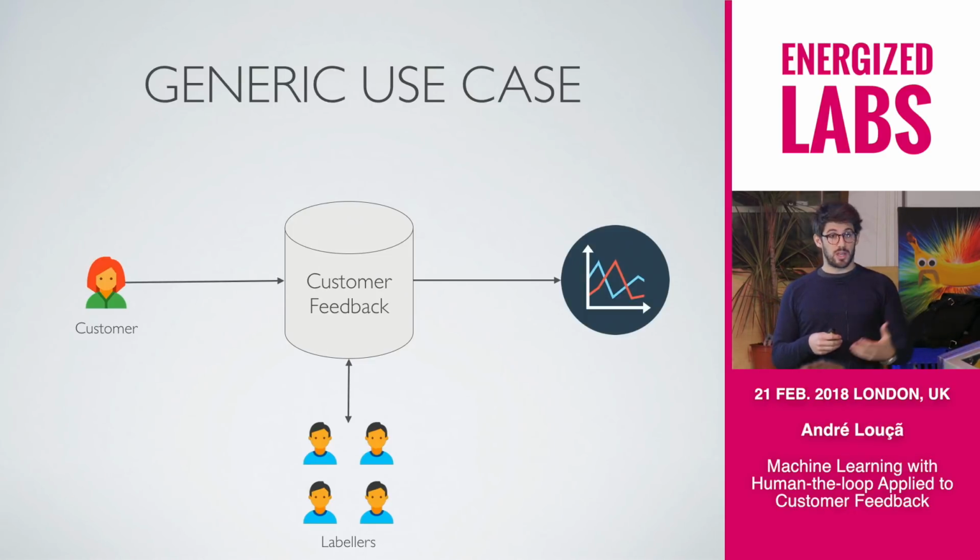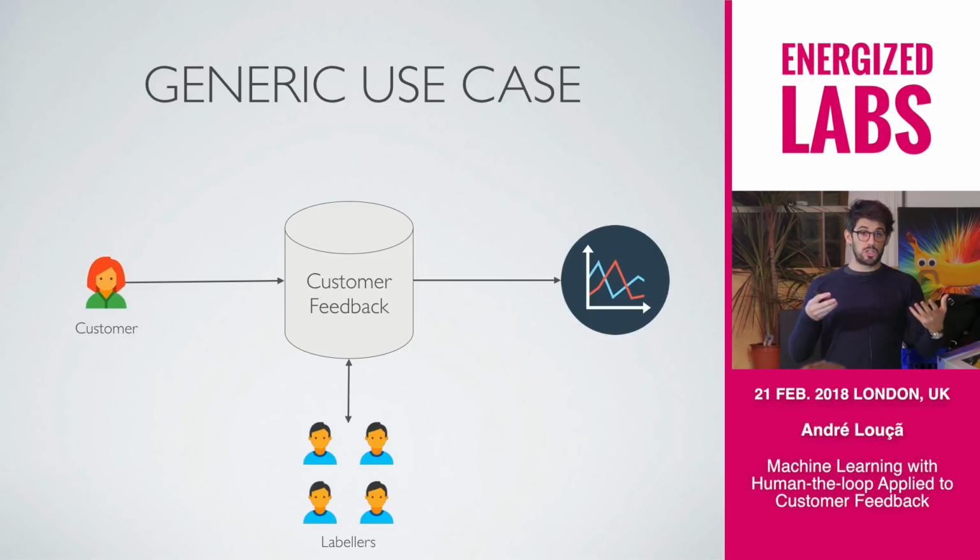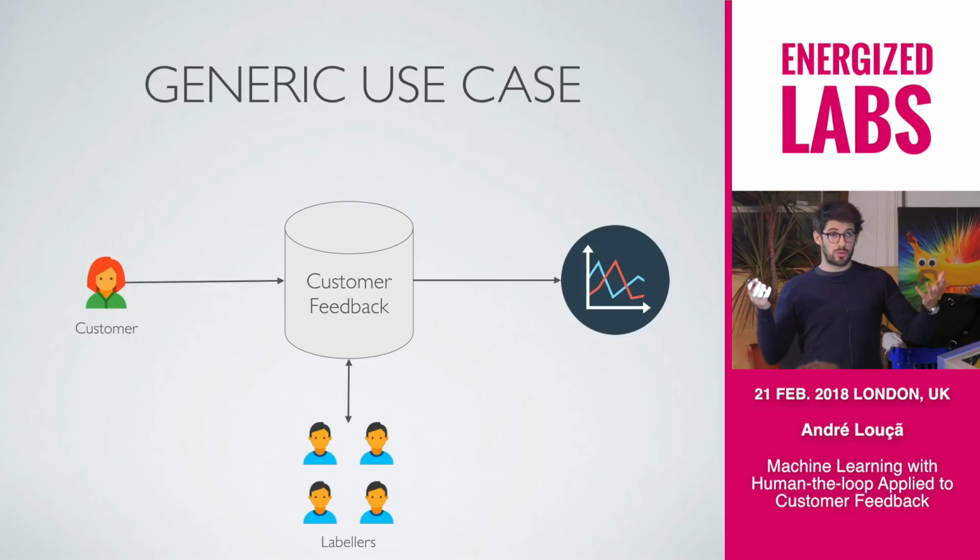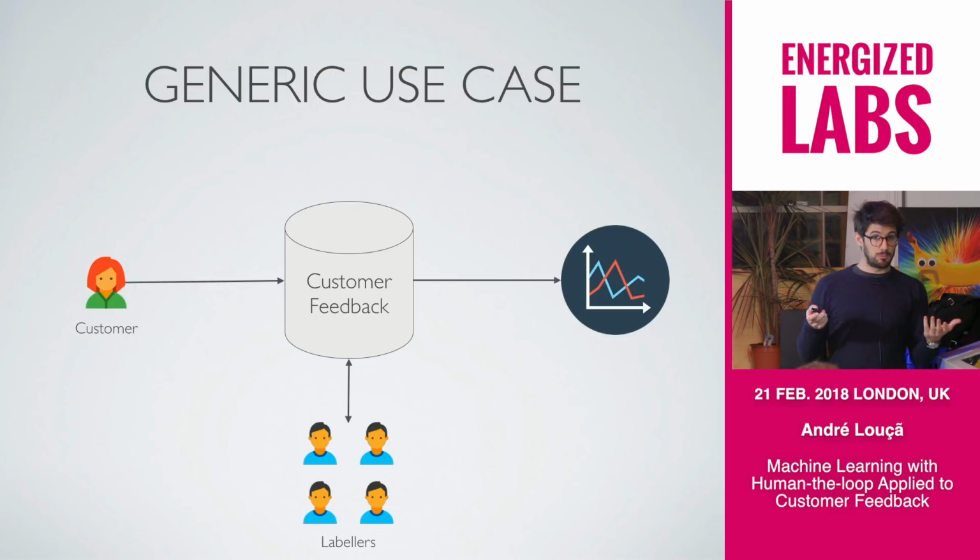However, if you have a lot of text, you need to extract meaning out of that text. Currently, what is being done out there is you have a lot of people, we call them labelers, that look at the text and just assign labels, tags to it. And of course, if you increase the volume, this is not a scalable problem.